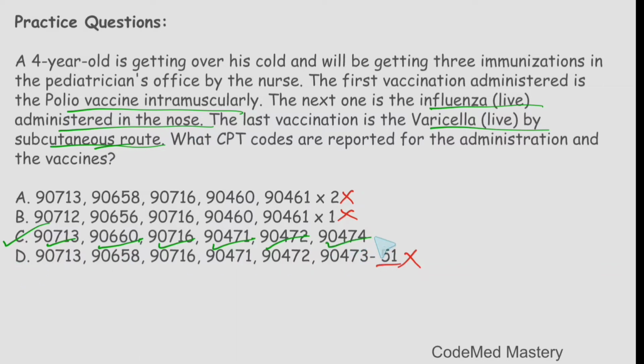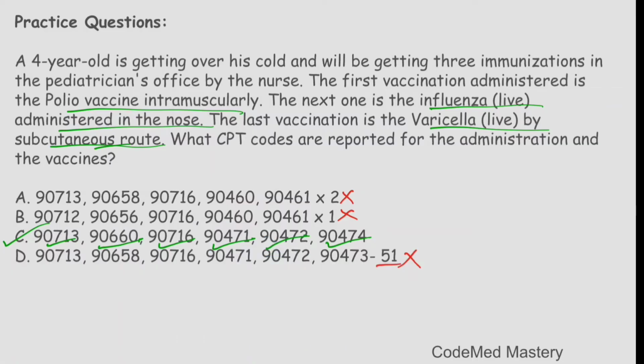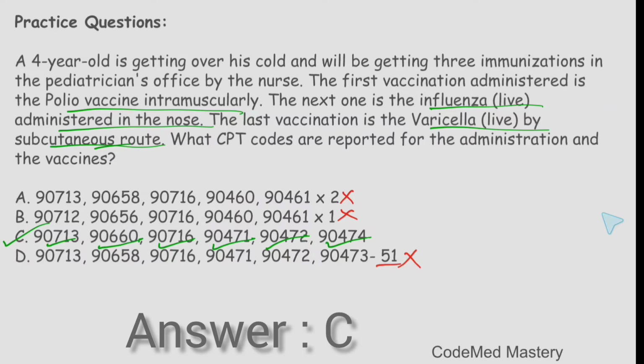So all these codes are correct. And also below the code 90474, you can see they have mentioned use 90474 in conjunction with 90471, 90473. So we are using with 90471. So the right answer will be option C. So according to the guideline, we coded for immunization administration, that is these codes, and we coded for the vaccines.